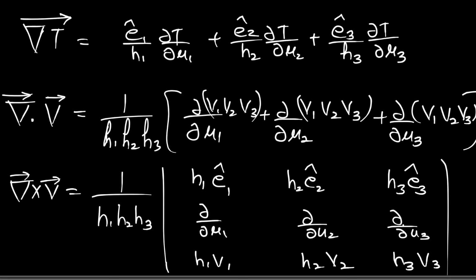And this is the generalized form. You can put the values of h1, h2, h3 accordingly, we have already discussed many times. You will get the generalized form. Okay, thank you.